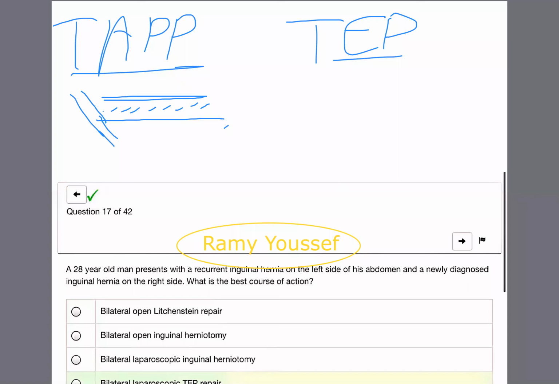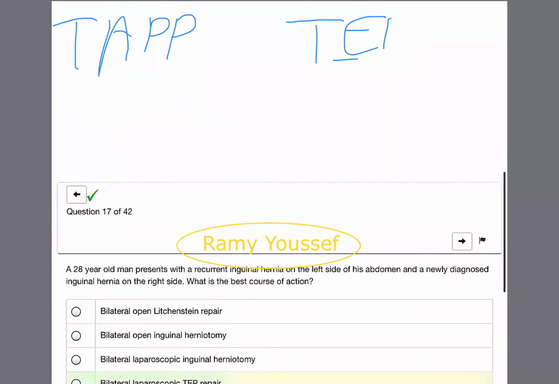You didn't touch the peritoneum because you didn't open the posterior abdomen. You didn't open the fascia transversalis. So you will not have adhesions in TAP or TIP. Very little adhesions you'll have.